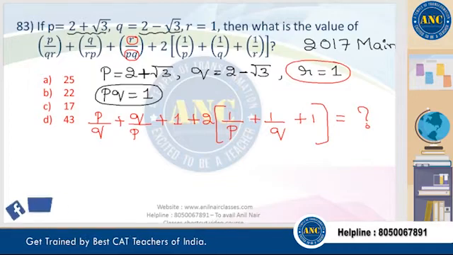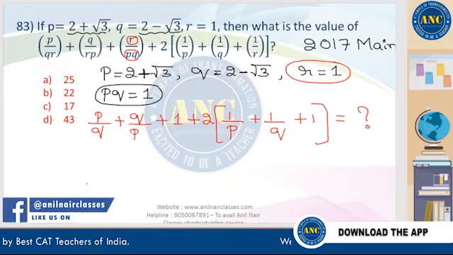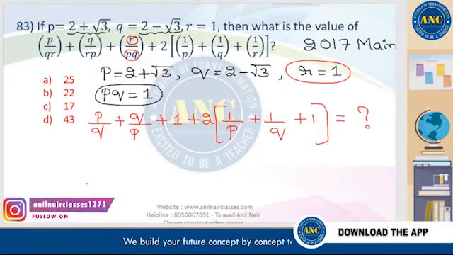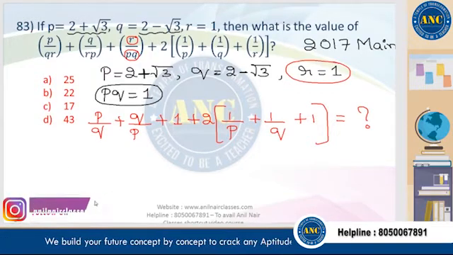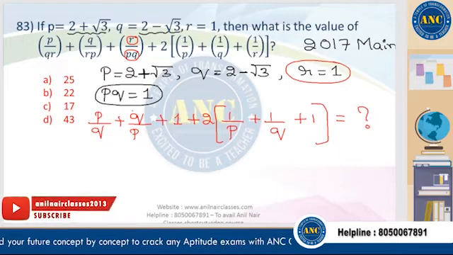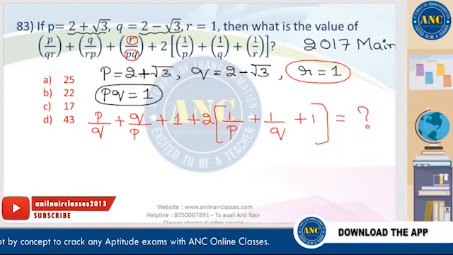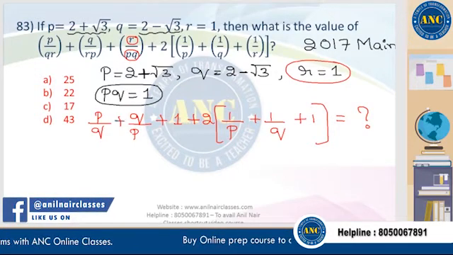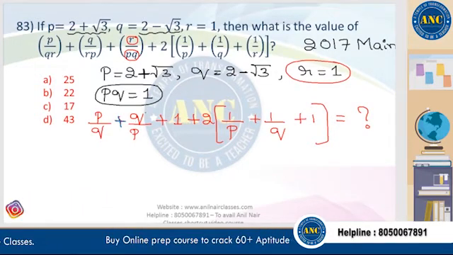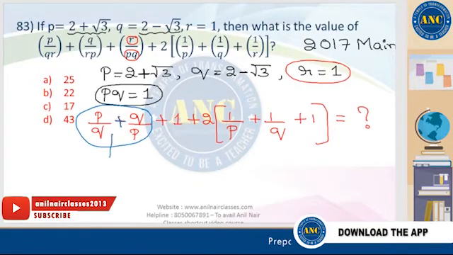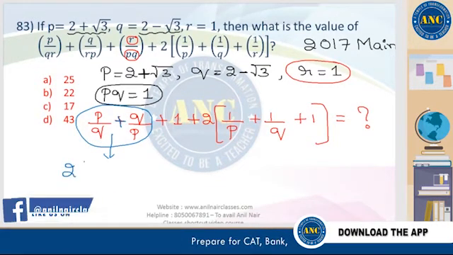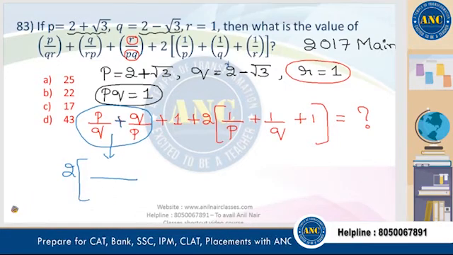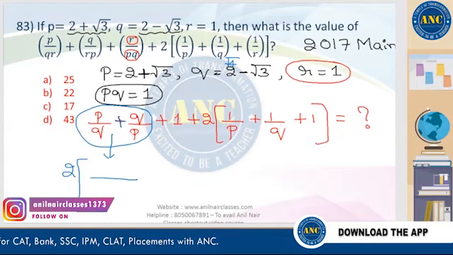Now, is it difficult, sir? Definitely it should not be difficult, because I am damn sure that we have solved this kind of shortcut earlier in our basic level of questions. Whenever you want to find p by q, 2 plus root 3 divided by 2 minus root 3, added with its reciprocal q by p, directly you can get the equation as 2 into, and this 2 can be written as root 4.